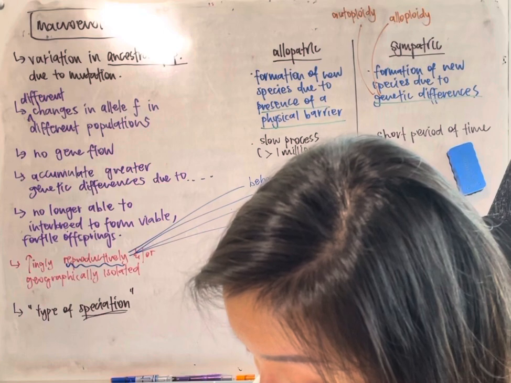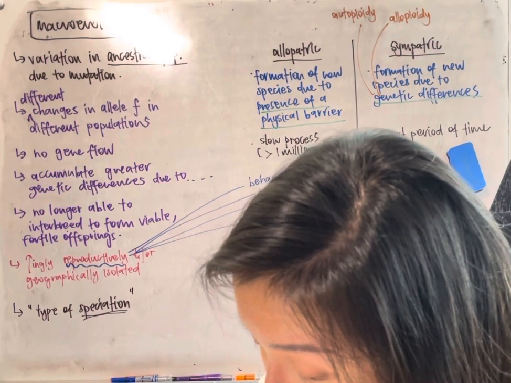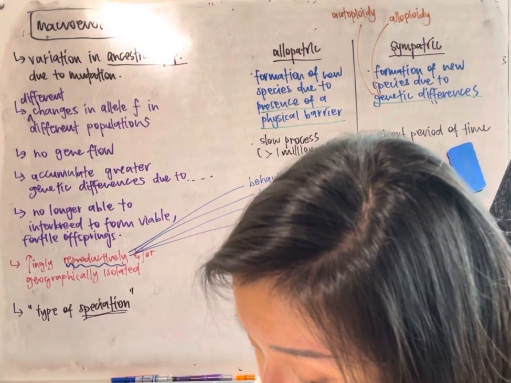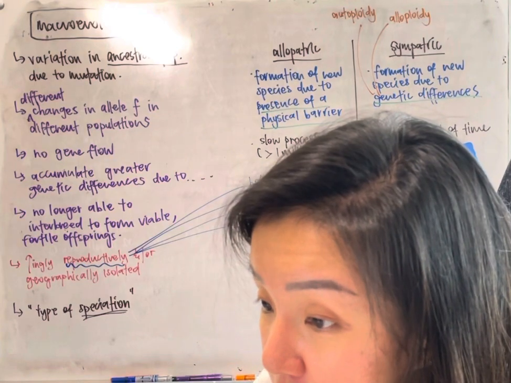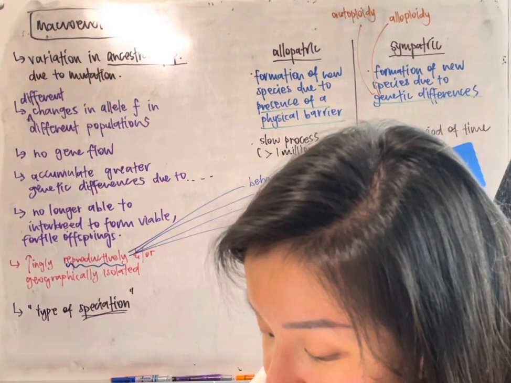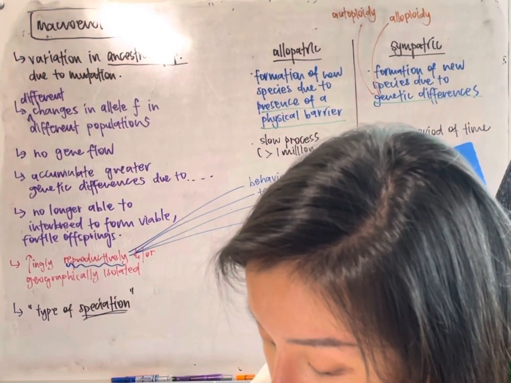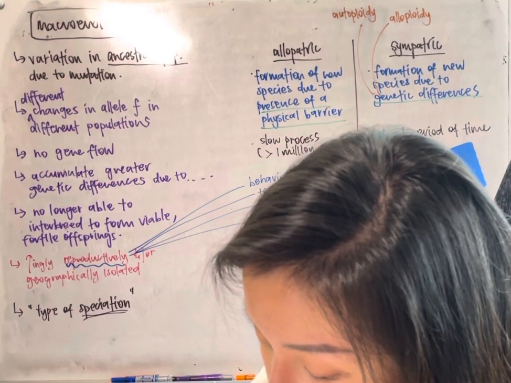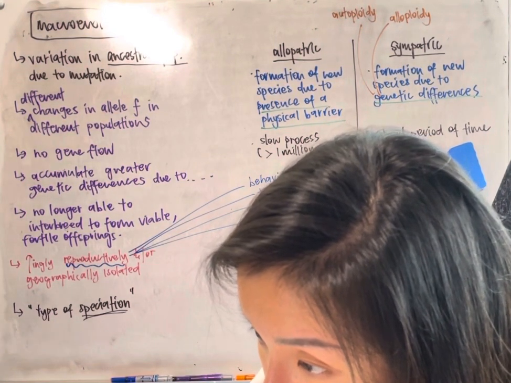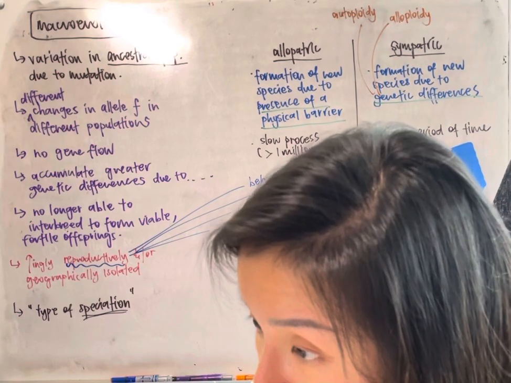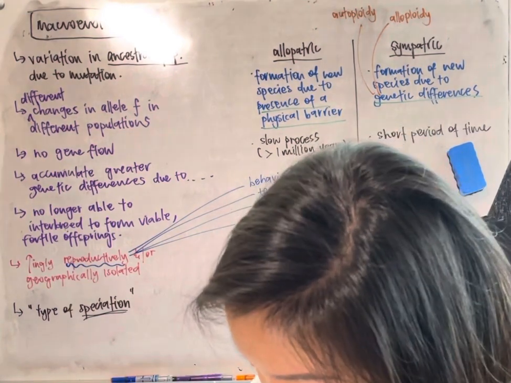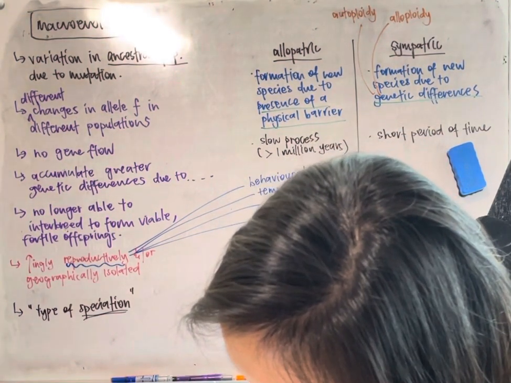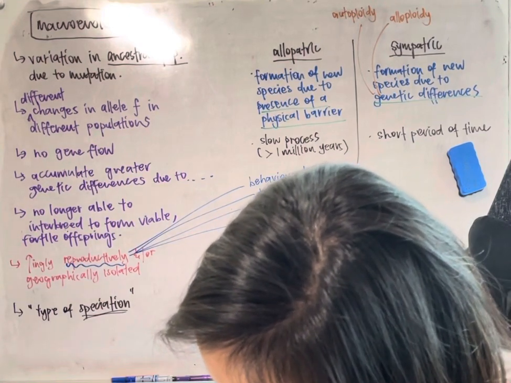Okay? So you write down different changes in allele frequency, and then you cannot just write no gene flow. I cannot accept. Okay? So you must say how they can accumulate greater genetic differences. Fine, due to natural selection. Fine, I can accept. So species are no longer able to interbreed to form viable fertile offspring.